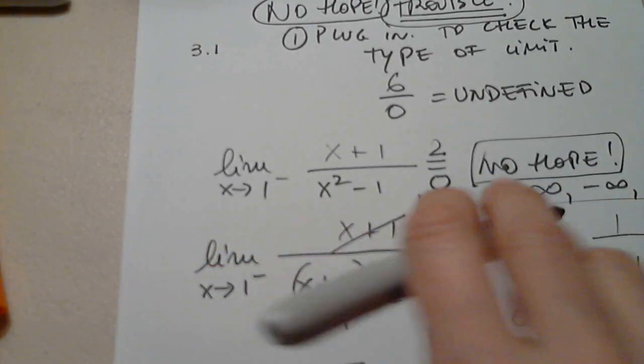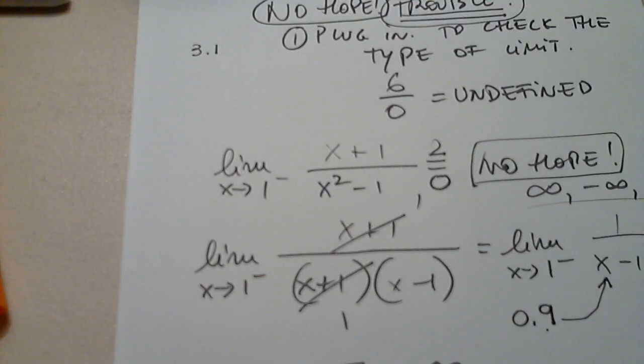Close to 1 from the left is 0.9. The numerator stays positive, the denominator will be negative, so then the answer is negative infinity. Any questions?